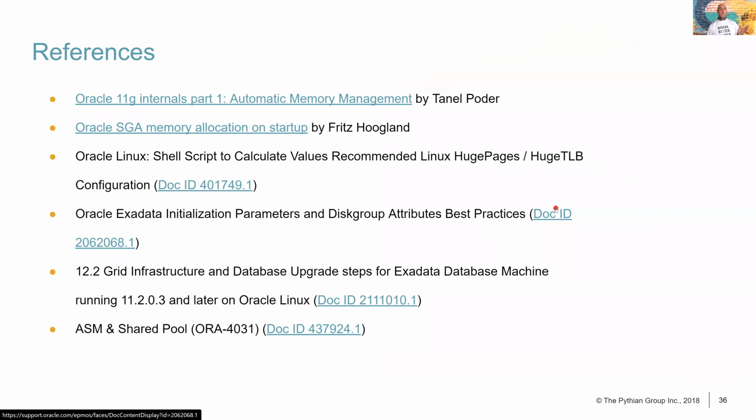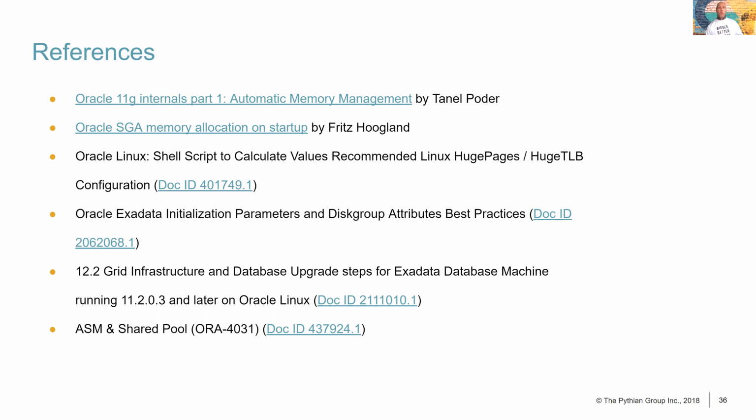A few references. There is this AMM blog post, very interesting. It explains how AMM is used and implemented in Linux systems. I always learn a lot from Tanel. Fritz Hoogland has a very interesting blog post on why a big SGA may lead to a slow instance startup.